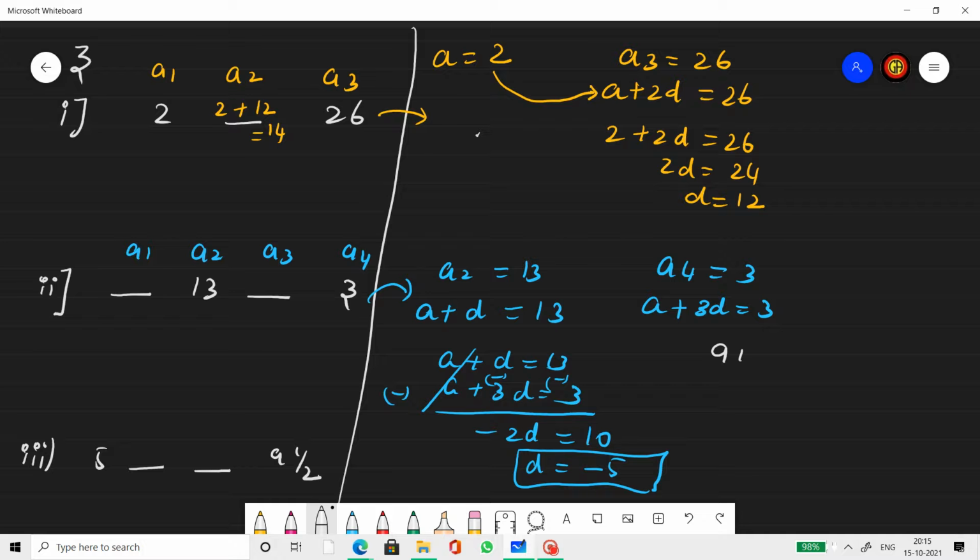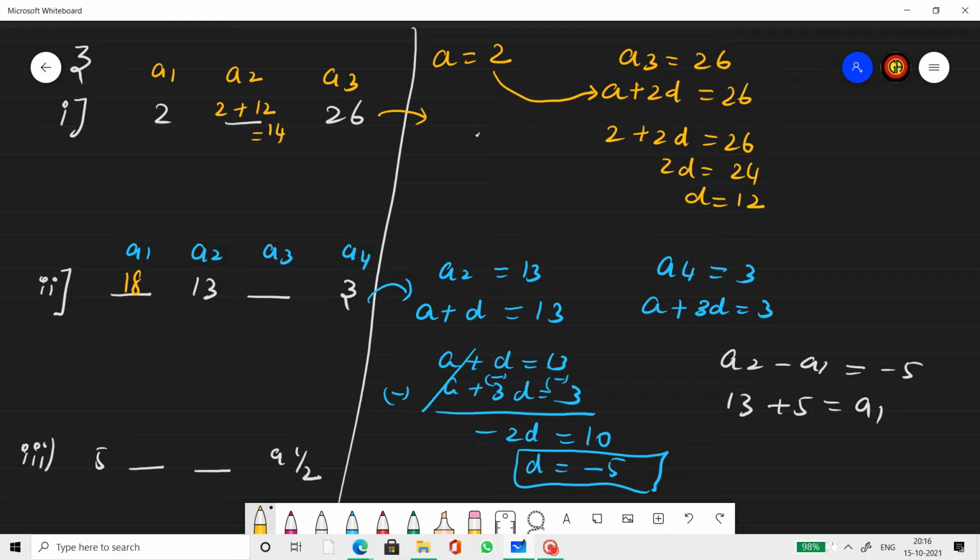A1 will be A plus 0D, and we know A2. A2 minus A1 is minus 5, so A2 being 13, 13 plus 5 equals A1. So this will be 18.